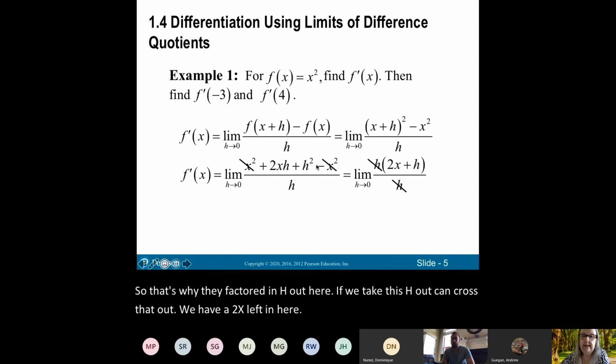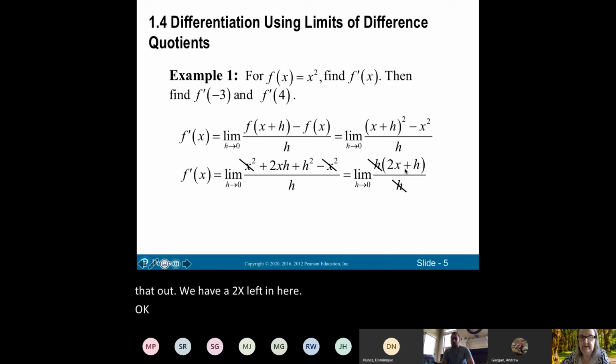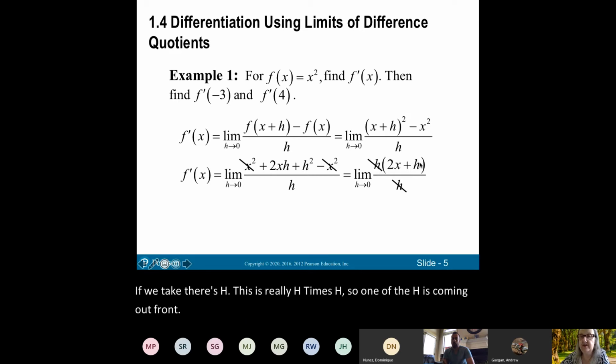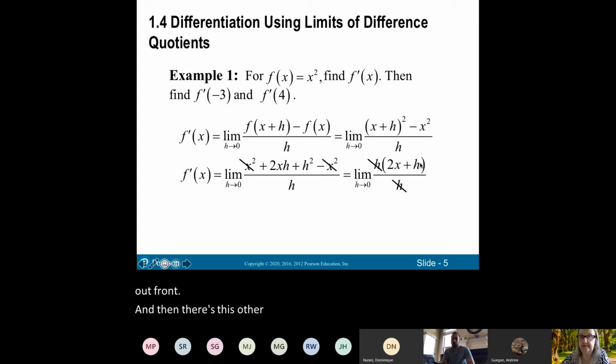Okay, and plus, there's h, this is really h times h. So one of the h's is coming out front, and then there's this other h left inside. What did that h do for us?